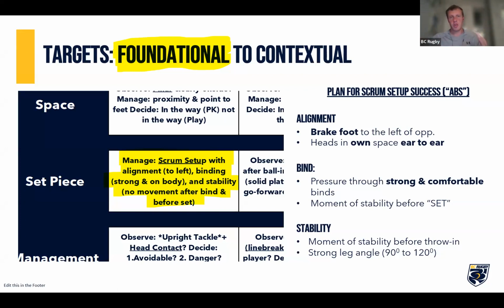If you're really struggling with your contextual piece, I would suggest going back to this before we move onto your understanding of individual front row players, because often we forget to do one of these steps, either making sure people are level, or just pausing before we call set, which are controllables in our right.